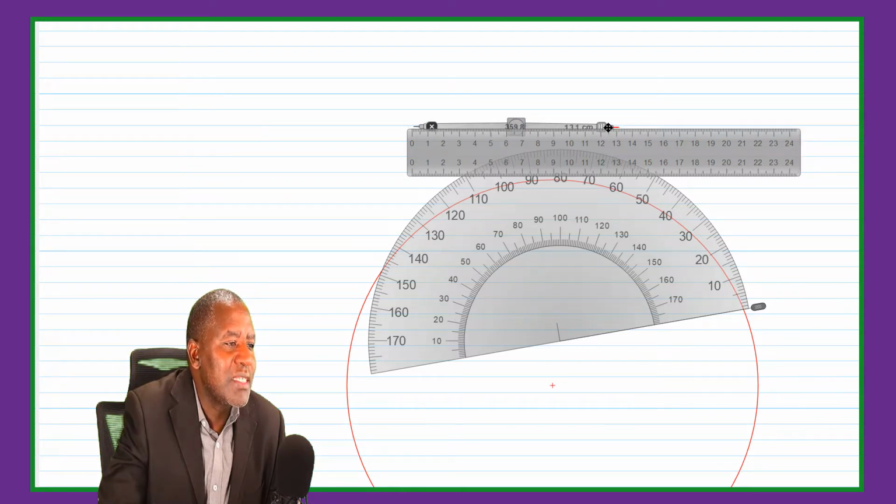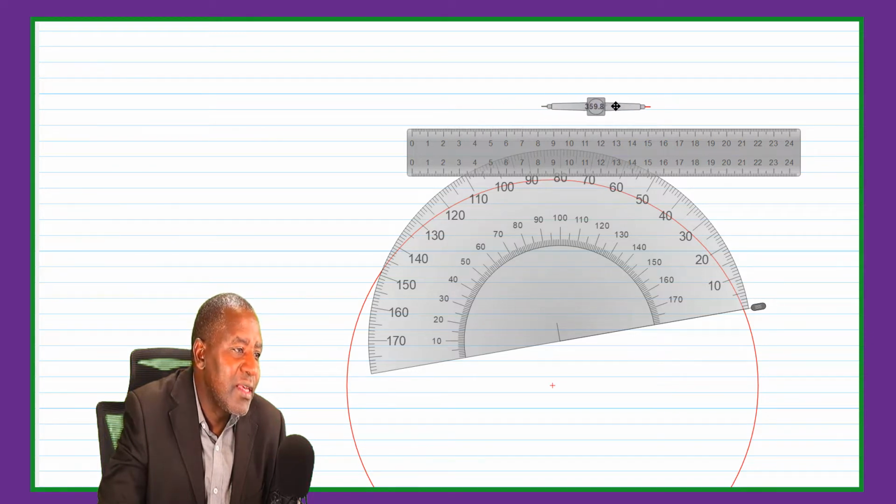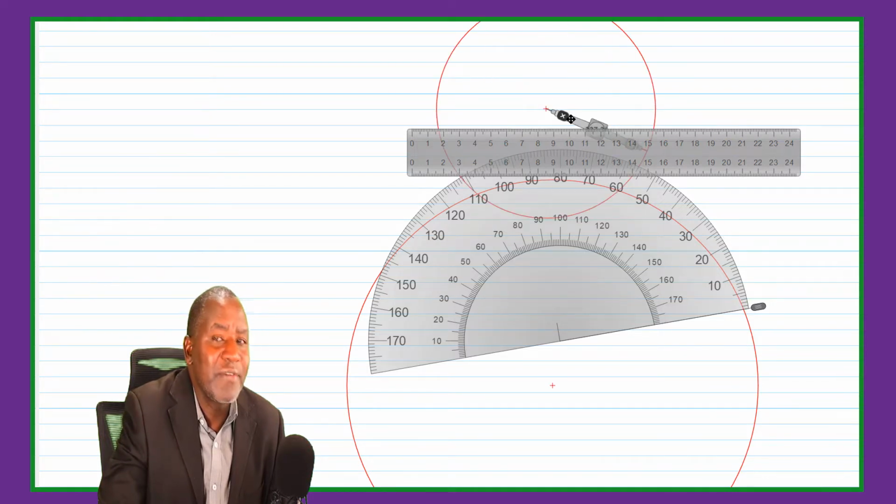And I want a circle whose radius is, let's say, 7 centimeters. I can measure it there. And you can see even as I measure it on the ruler here, it also shows me here the radius. And then I take it to the point where I want to draw the circle. And you can see my protractor gives me a perfect circle.